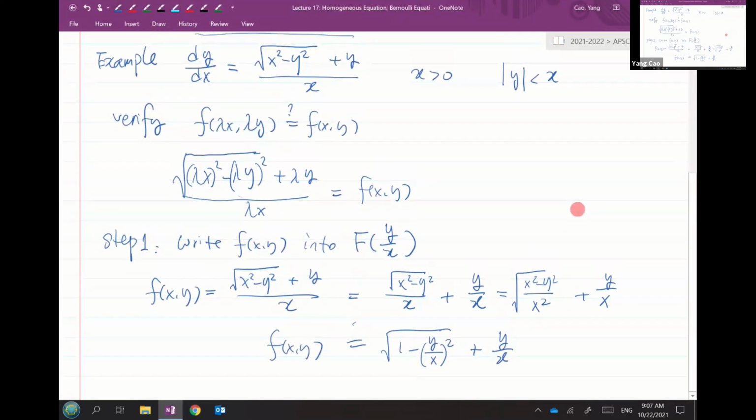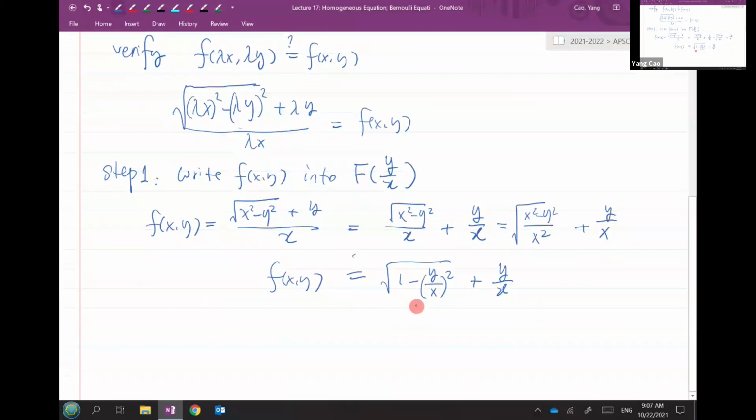For the benefit of the people online, let me quickly go through this, as I was not sharing the right screen. So this is what we did: we are transforming the f of x, y here into this expression in terms of y over x.